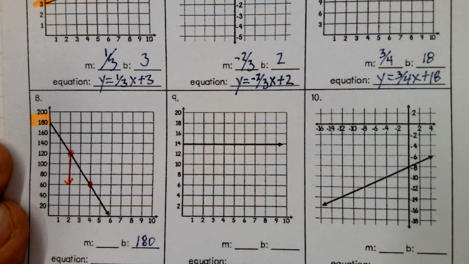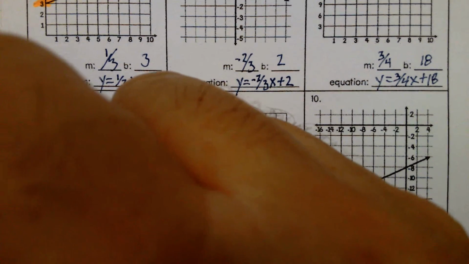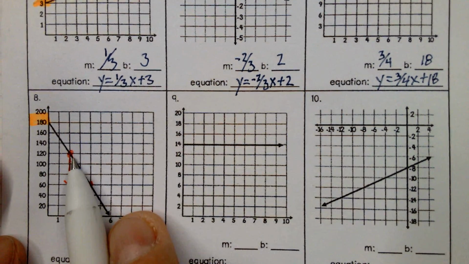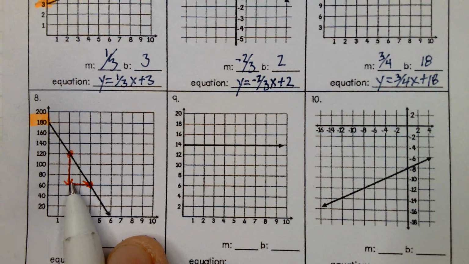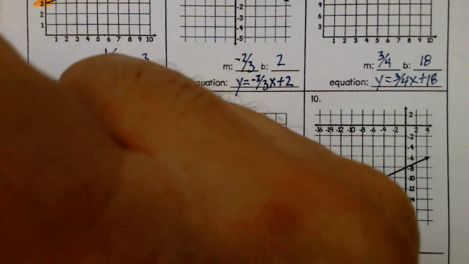So definitely going downhill, it's a negative slope. Okay, so if I'm going from 120 down to 60, how much did I go down? -60.